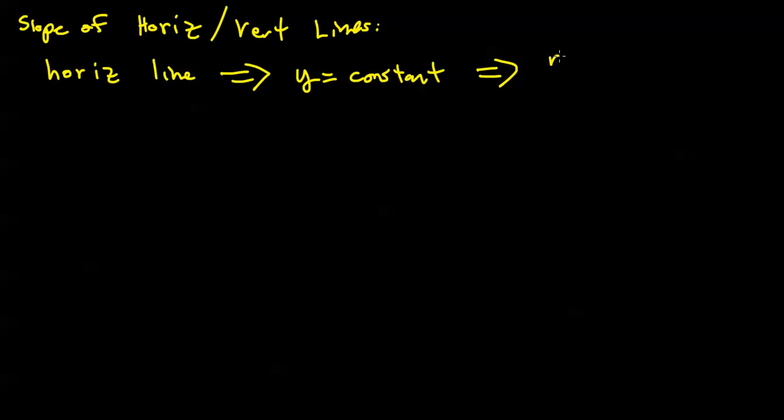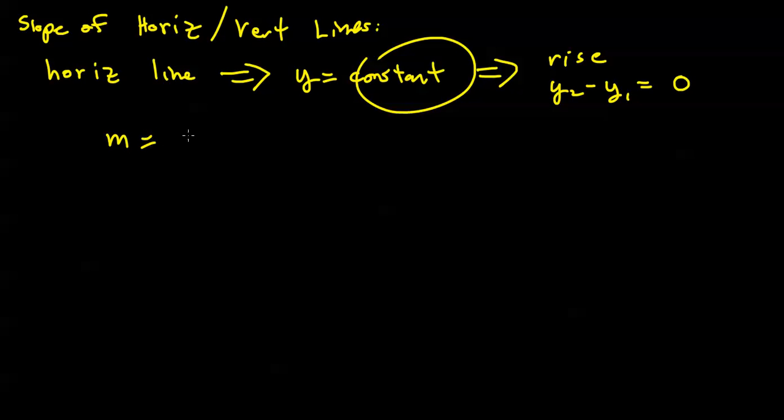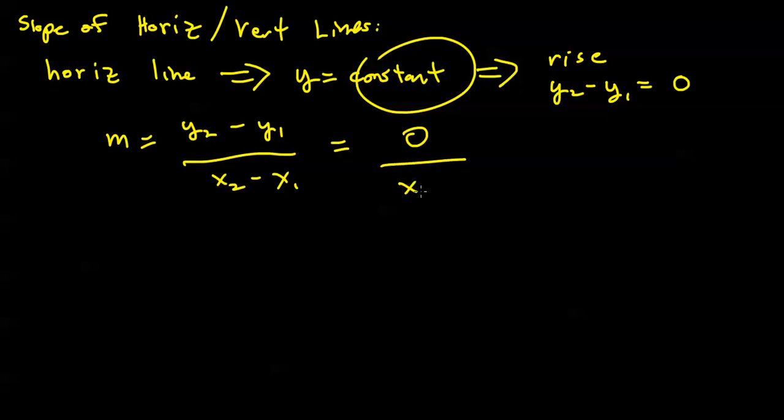Well, remember your rise between 2 points is always the difference in the y coordinates. But if y is constant, your rise will be 0. So if I go to compute my slope, in a horizontal line, the numerator will degenerate to 0 always.